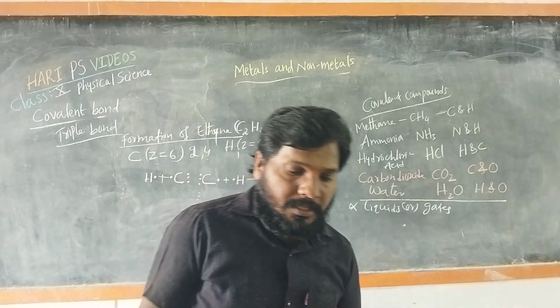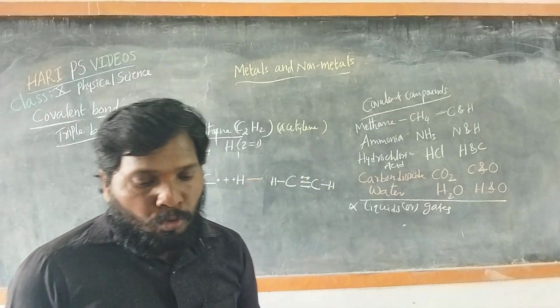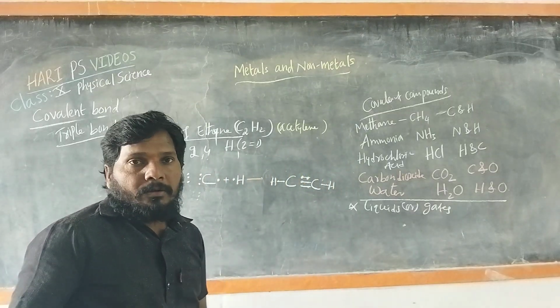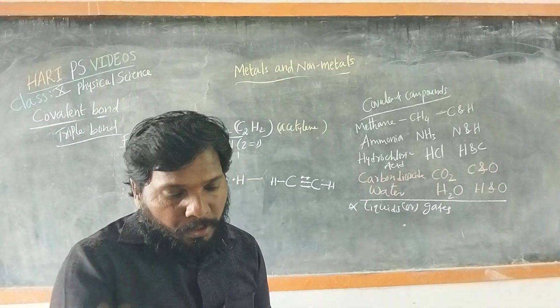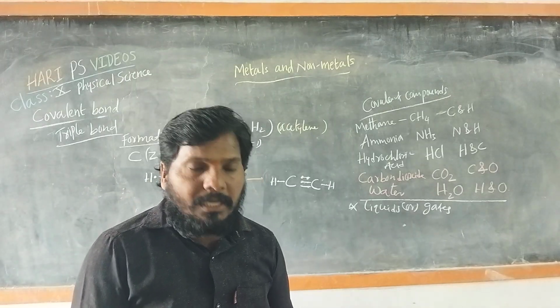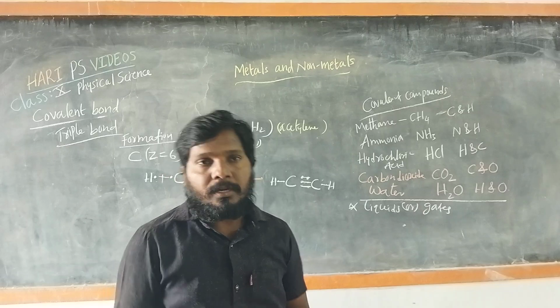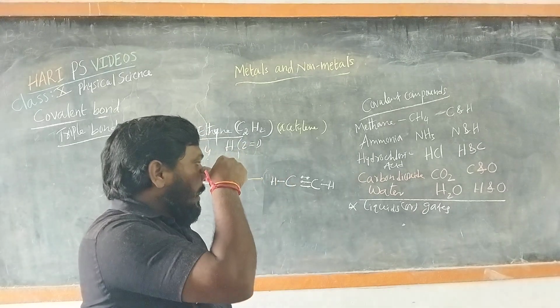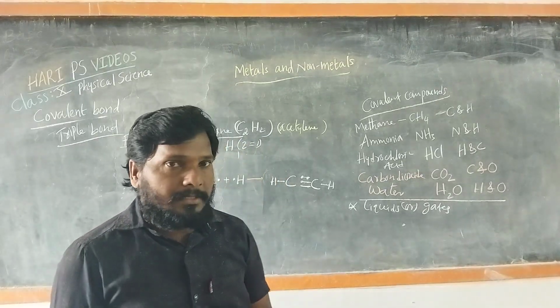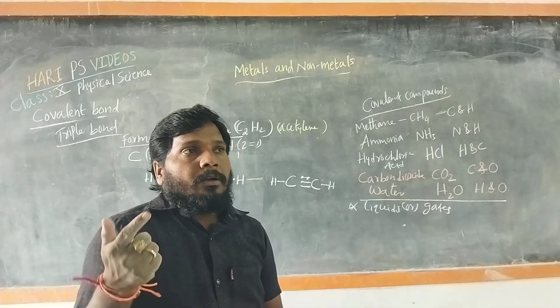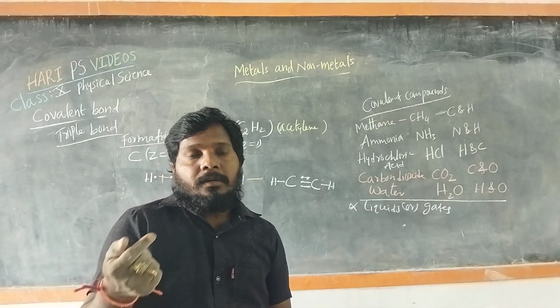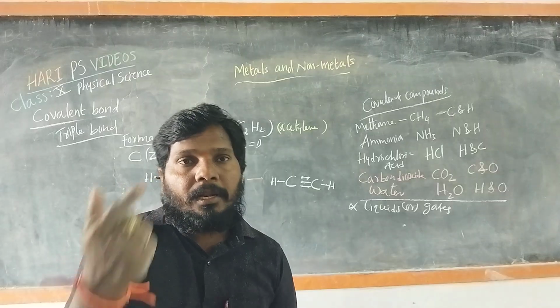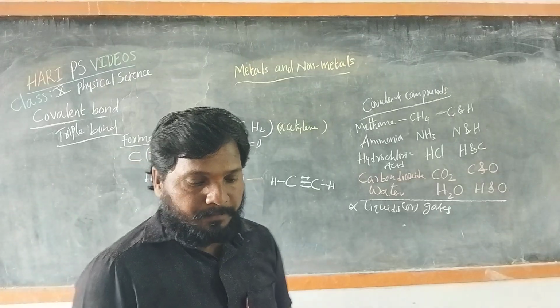Methane, ethane, ethene and chlorine are gases. Glucose, cane sugar, urea, naphthalene and iodine are solid covalent compounds.